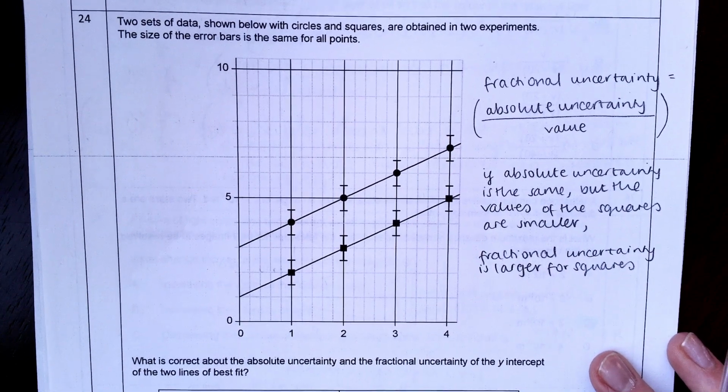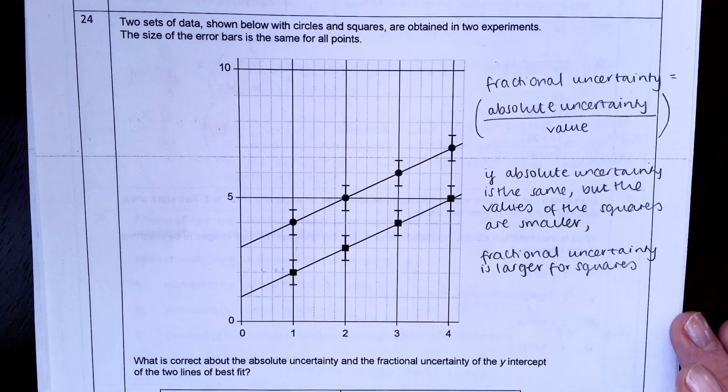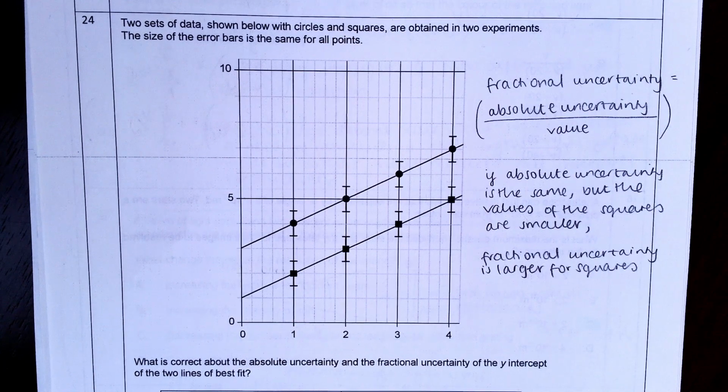In 24, it says 2 sets of data shown below with circles and squares are obtained in 2 experiments. The size of the error bars is the same for all points. What is correct about the absolute uncertainty and the fractional uncertainty of the y-intercept of the two lines of best fit? Okay, so let's remind ourselves, fractional uncertainty is the absolute uncertainty divided by the value.